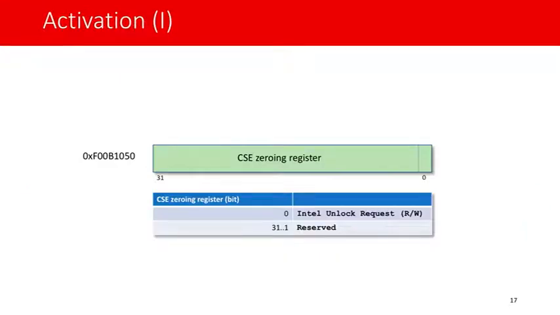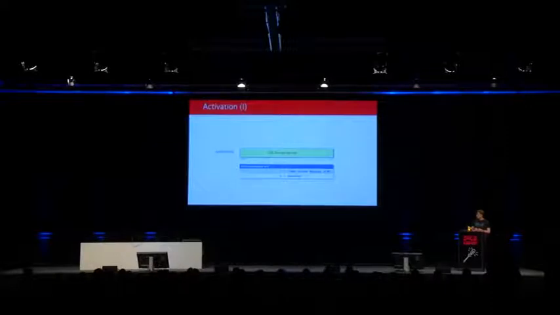It is the CCS zeroing register. We know only about 1 bit. We called it Intel unlock request. This register means that you asked the platform to do red unlock.